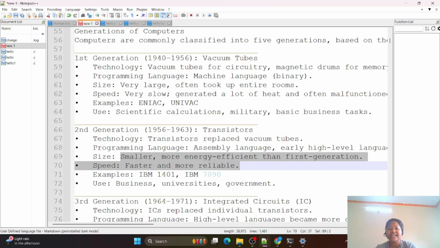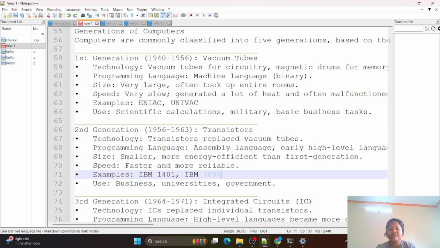It became more user friendly. And as the size was smaller, some changes were made and they did it in a better way. For example, IBM 1401, and another example was IBM 7090.